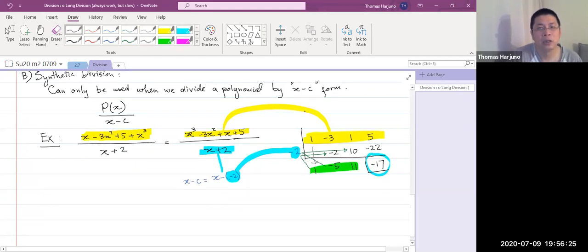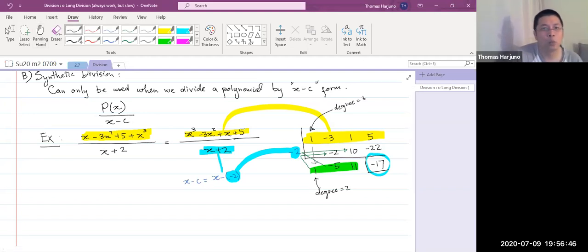Now, the degree here is degree of 3, the power of 3. Now, once you divide by x plus something or x minus something, then the degree here will be 1 less. Degree of 2. Now, that 1 corresponds to the degree of 2, right? So that will be 1x squared.